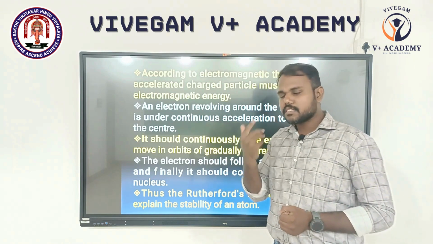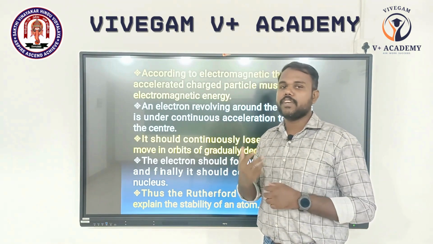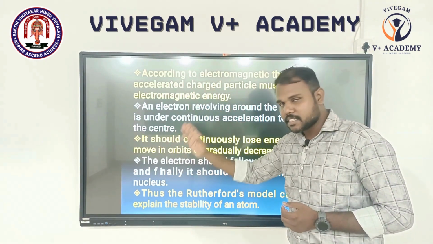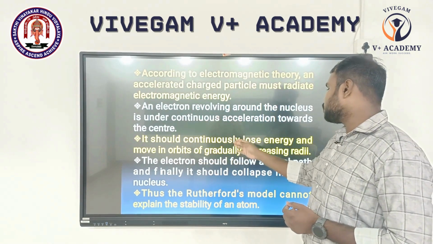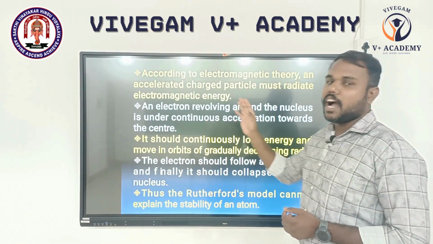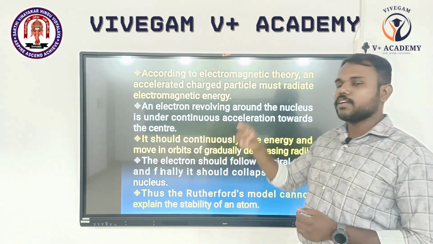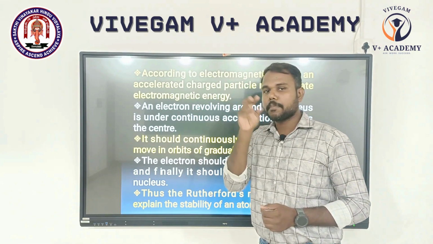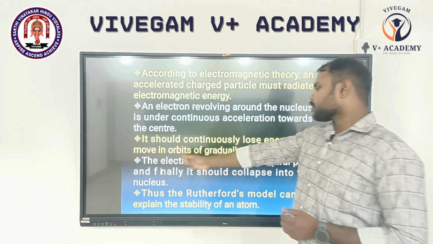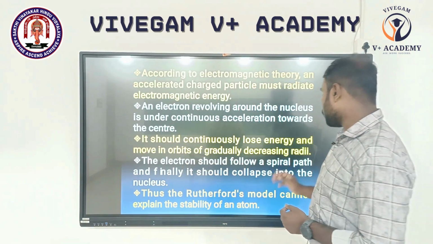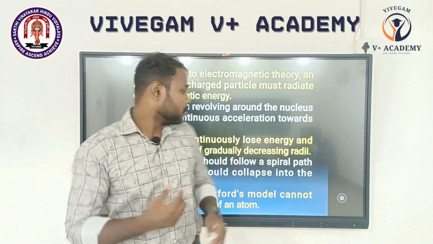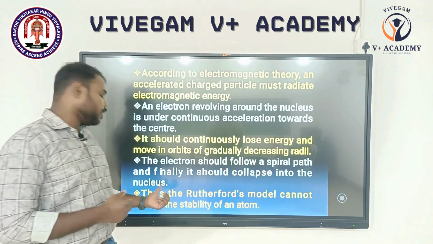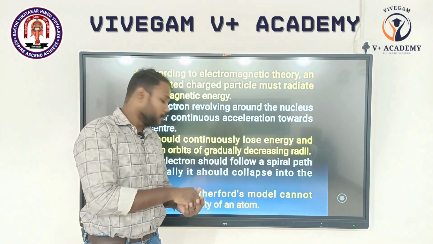As a result, it should continuously lose energy and move in orbits of gradually decreasing radius, just like a spiral or helical path. The electrons should follow a spiral path, and finally it should collapse into the nucleus. It will fall into the nucleus.